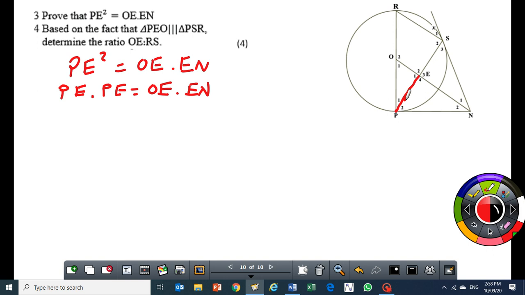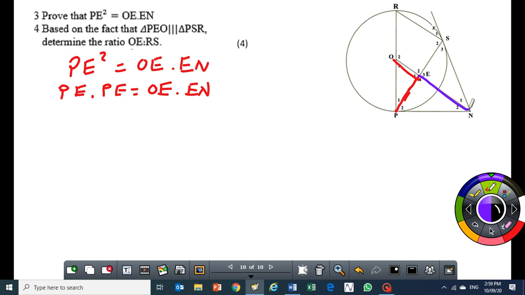Which of these two lengths is going to be in the same triangle? OE, okay, you can have OE, and you can also have EN. Do you see that? If I use this color, I can go in that direction. If I use the other color, I can go in that direction.